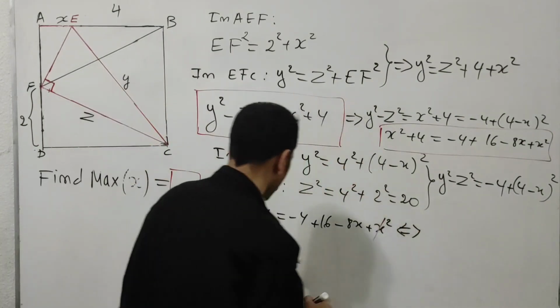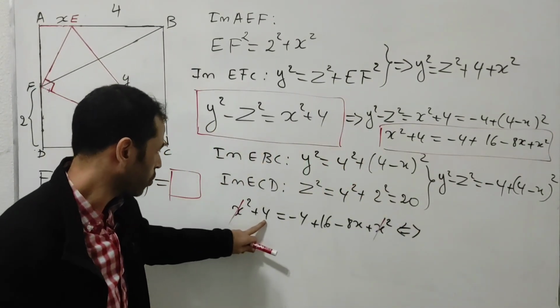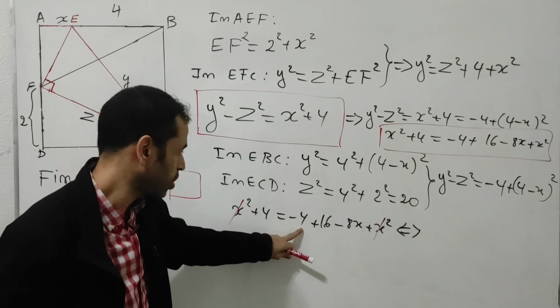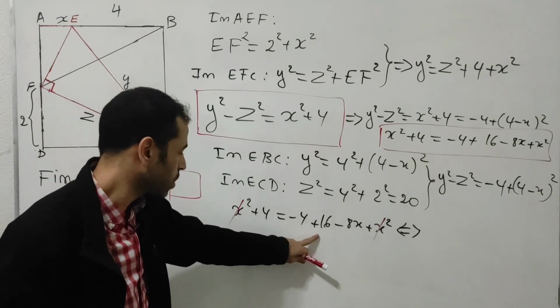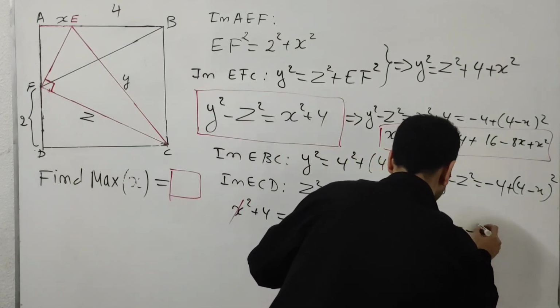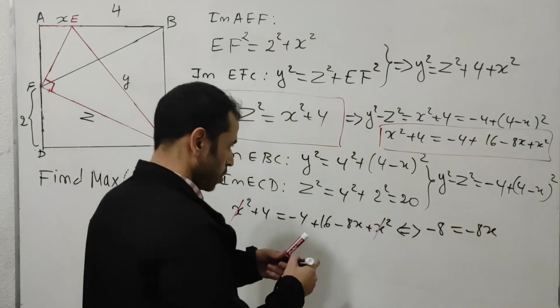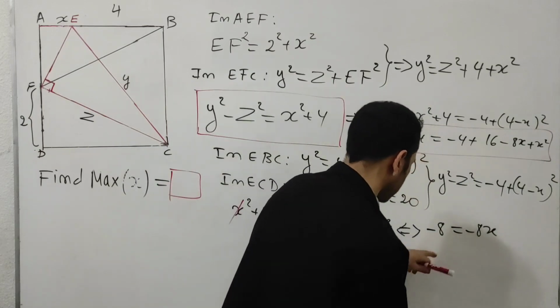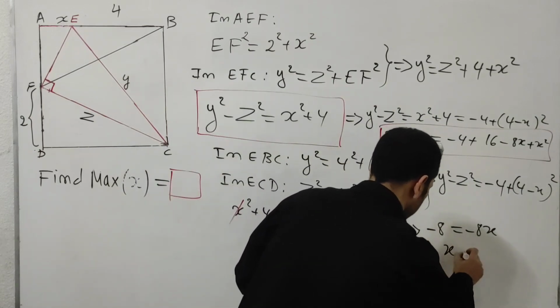By moving all these terms over, I get 4 on the left hand side plus this 4, which is 8. 8 minus 16, I get minus 8 equals minus 8x. So this is giving us x equals 1.